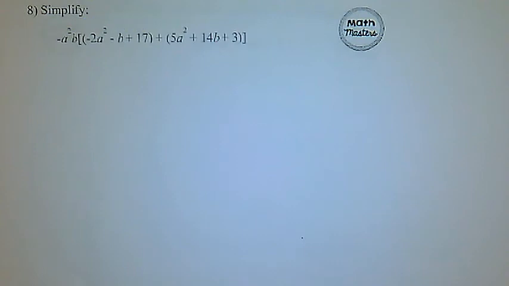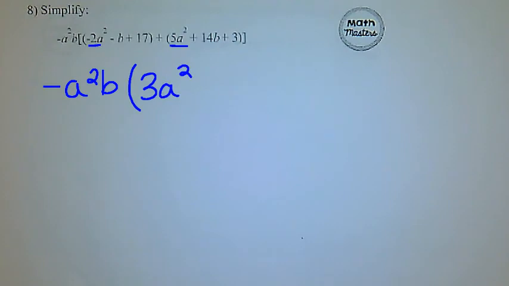Okay, let's combine first. So we get negative a squared b, and then let's do in parentheses. So I have a negative 2a and a positive 5a squared, sorry. So we get a 3a squared. I have a negative b and a positive 14, so that gets me positive 13b, and then 20.